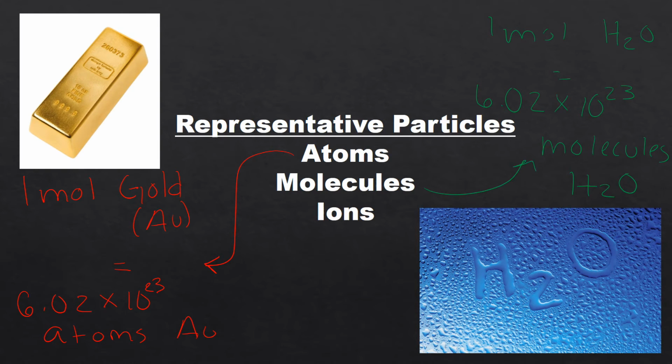And these are molecules. We have the same amount, just like 1 dozen elephants and 1 dozen apples are 12 elephants and 12 apples. 1 mole of gold is 6.02 times 10 to the 23rd atoms, and 1 mole of water is 6.02 times 10 to the 23rd molecules of water. Same amount, and we have 1 mole of each of our represented particles.